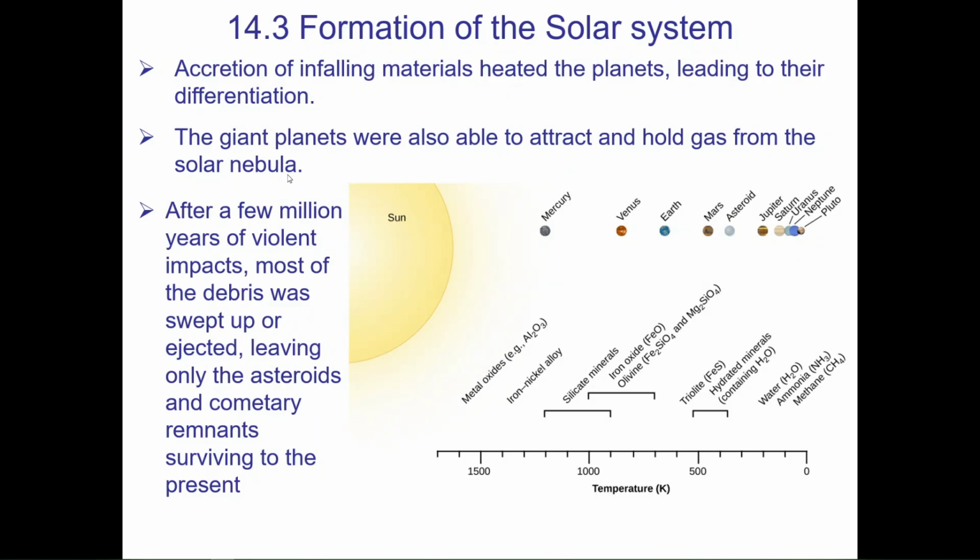The difference between the giant and terrestrial planets is that the giant planets, because they have large mass, have a large force of gravity. They were able to attract and hold gases from the solar nebula, because gases are loosely bound material, so they can easily escape the gravity of a smaller planet.